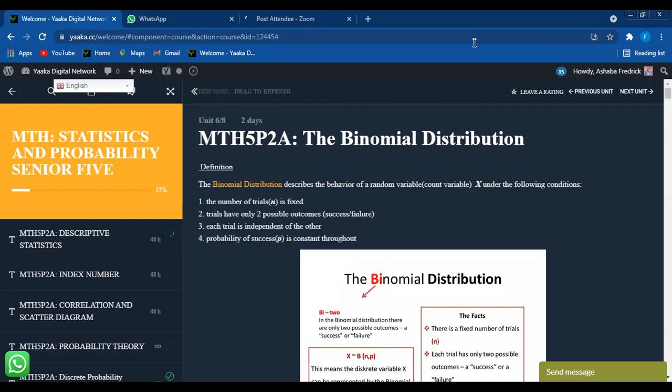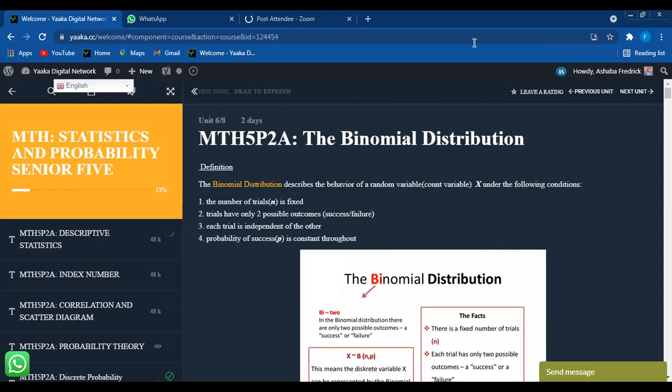For example, in tossing a coin, if our interest is to obtain a head, then when we toss and obtain a head, that would be a success. But if we toss and obtain a tail, then that would be regarded as a failure. Next, each trial is independent of the other.